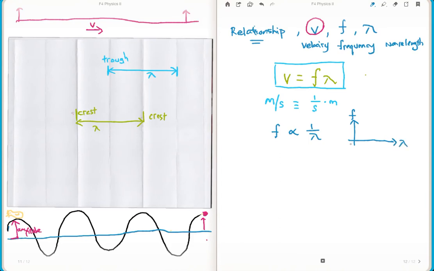It is inversely proportional. It's like this, inversely proportional, right? Another way to represent this curve, to make the graph linear, is to invert it. What happens? Then it is directly proportional.